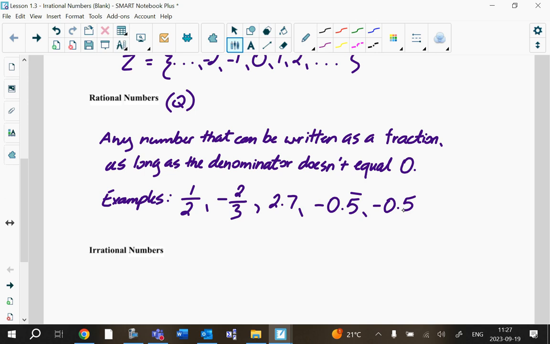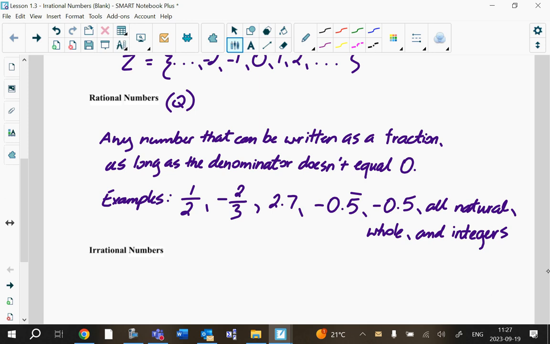So all of the above, or I'll just say all natural, whole, and integers, because you can write every single one of those as a fraction by just tossing it over 1. Okay?